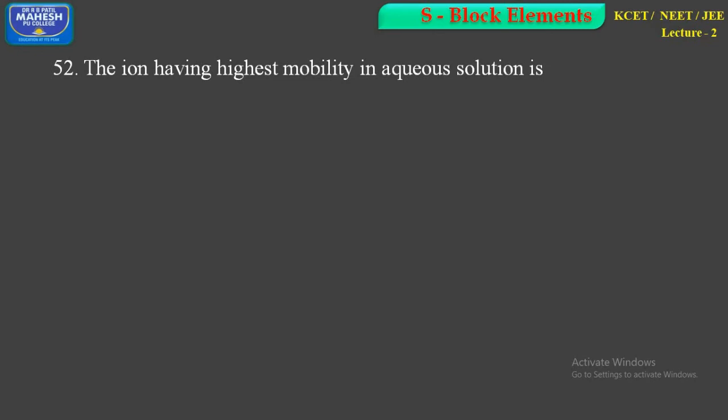Question 52. The ion having the highest mobility in aqueous solution is option A, beryllium cation. Option B, magnesium cation. Option C, calcium cation. And option D, barium cation.